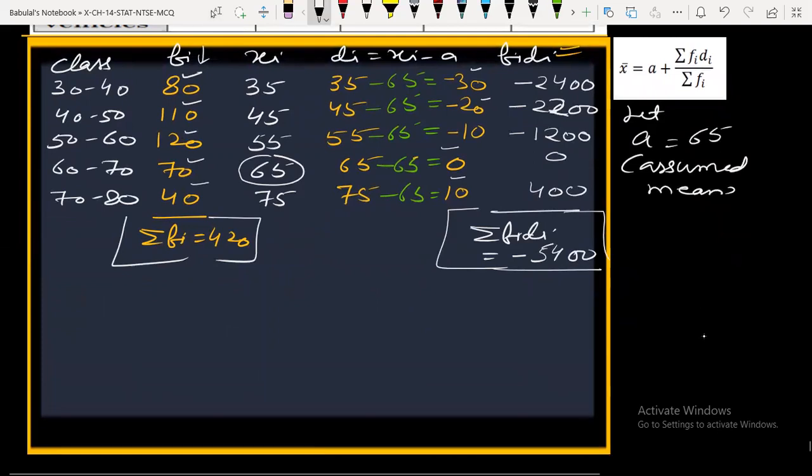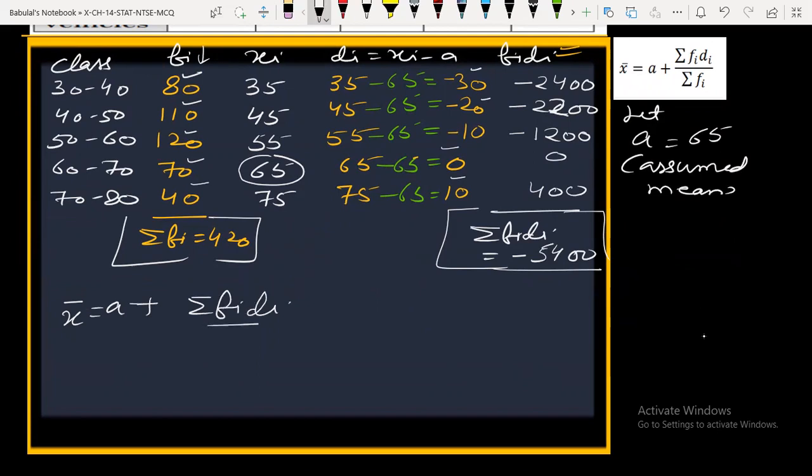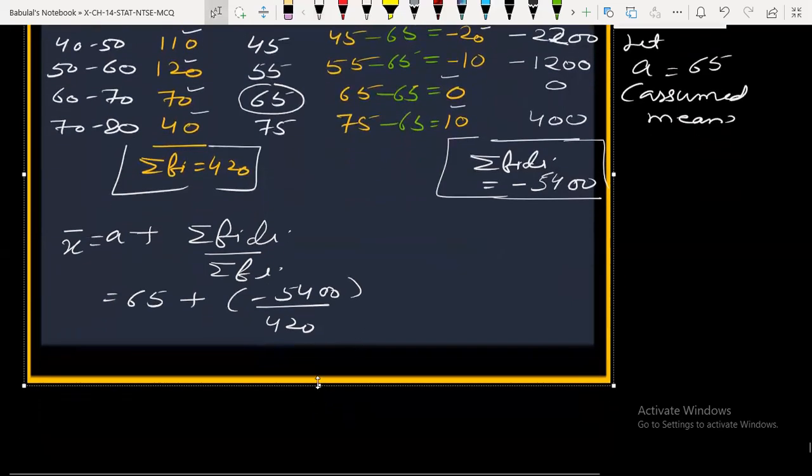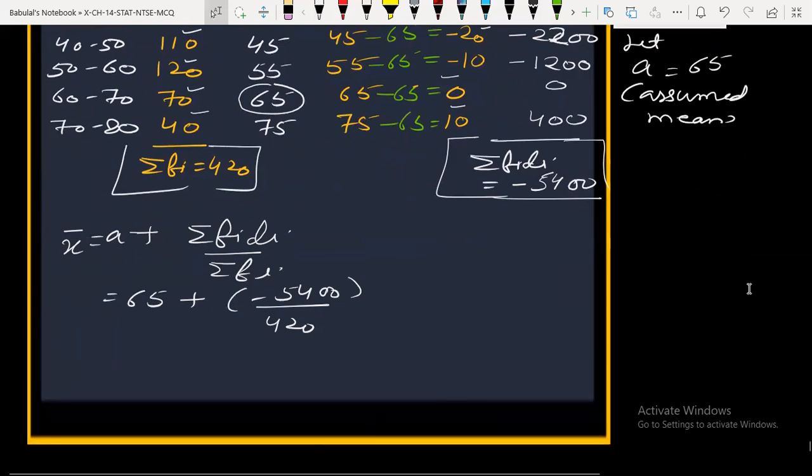See here, mean is equal to A plus total Fi di upon total Fi. What is A? 65 plus minus 5400 upon 420.